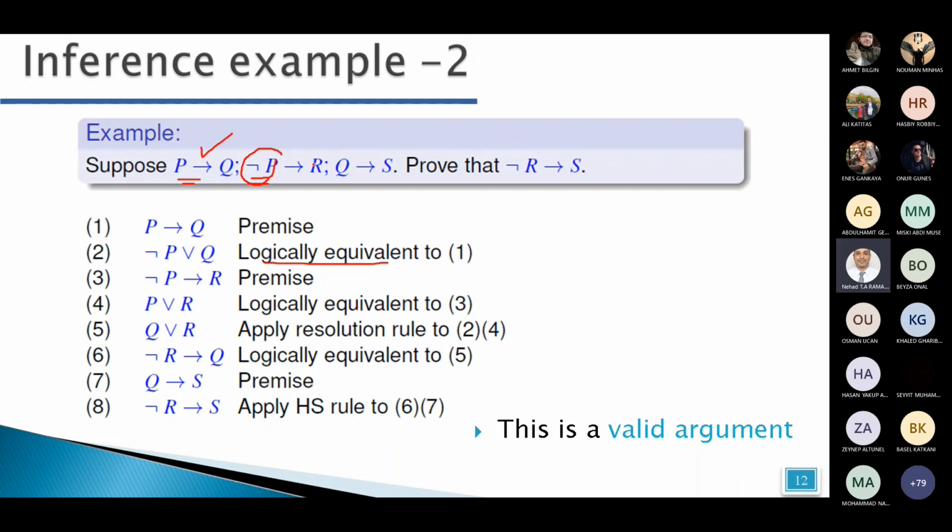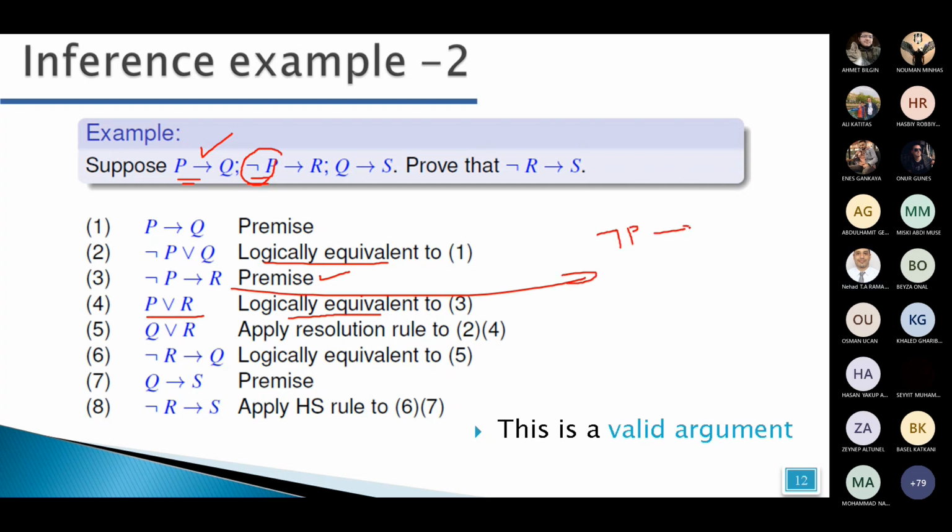We have the second premise, not P implies R. It's a premise, and we will also use the logical equivalence rule. From this one, we can get P or R. How?